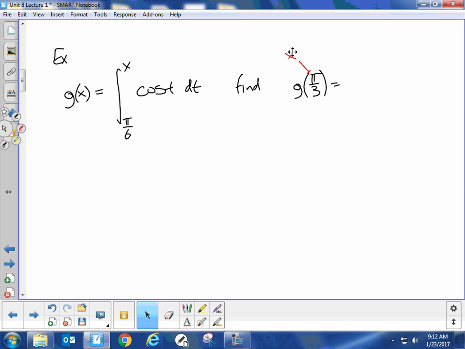This is also good trig practice. Do we remember how to get the sine of pi over 6 and the sine of pi over 3? Are we going to flip-flop the values or get them correct?